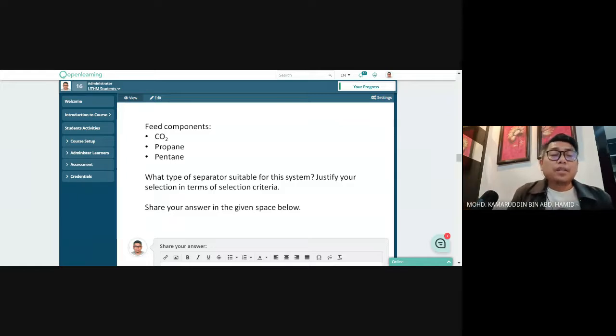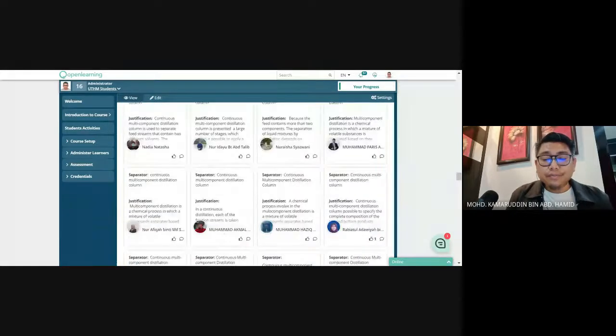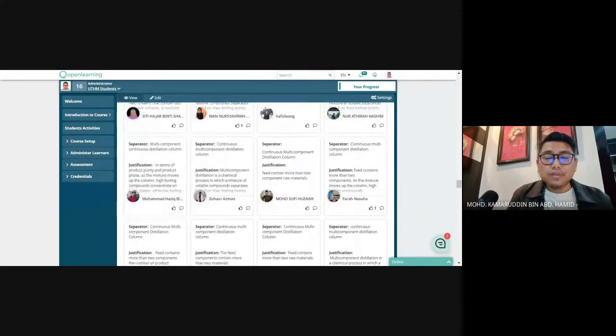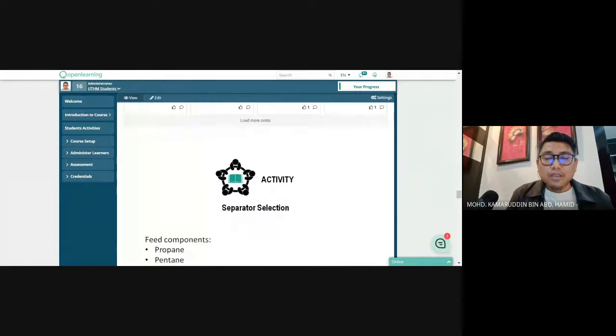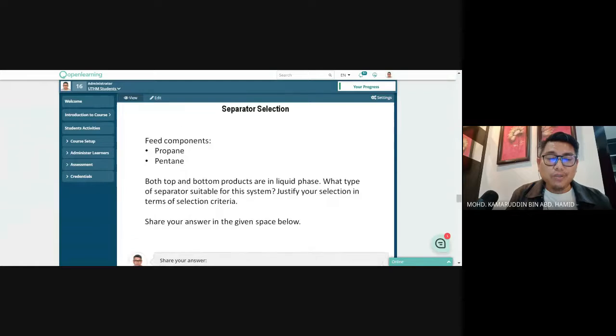Okay? So the answer can be flash or absorber depending on the verification by using simulator. If you all show me your plant design, I can look at it, it would be even better.